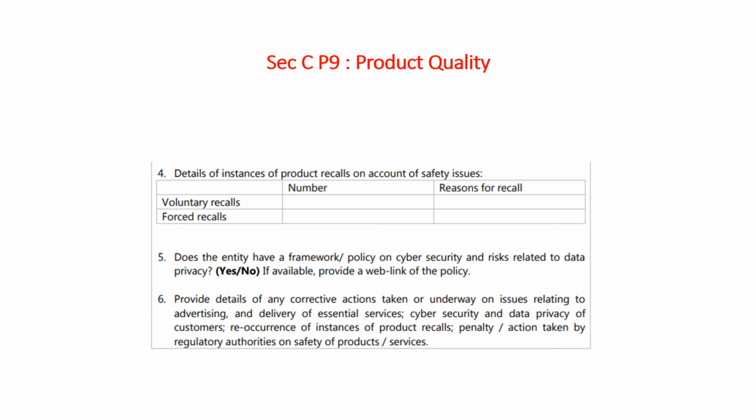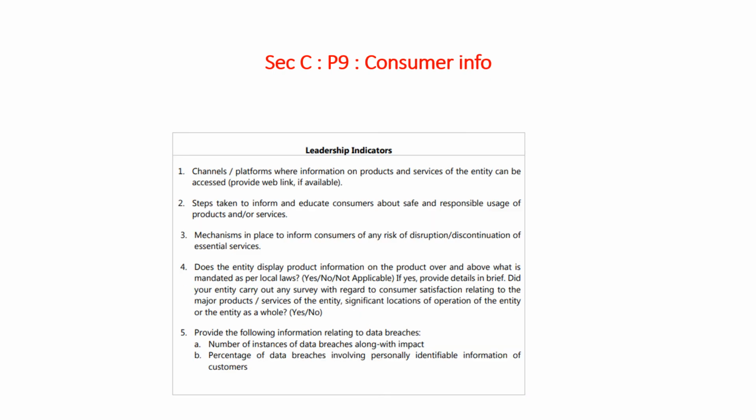Okay. Now next is provide details of the corrective action taken or underway on the issues relating to advertising, delivery of essential services, cyber security, data privacy, reoccurrence of instances of product recall, penalty action taken by regulatory authorities on safety of the product or your services. This is the voluntary part.